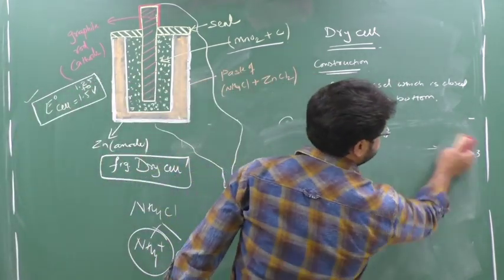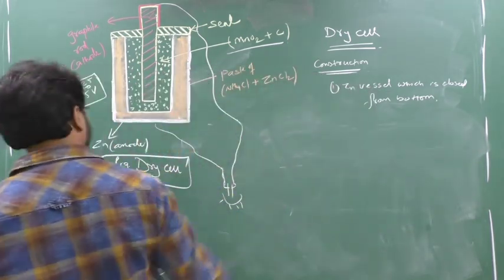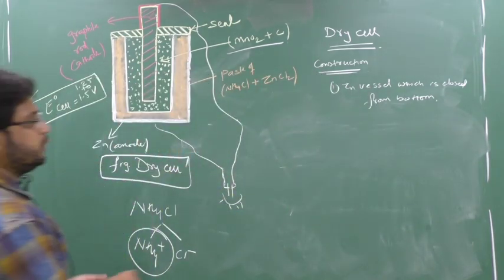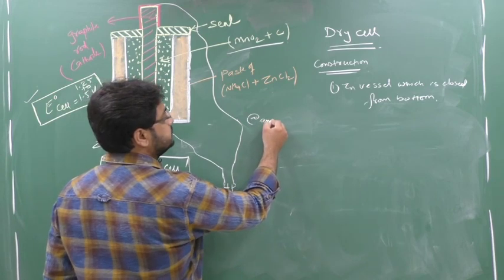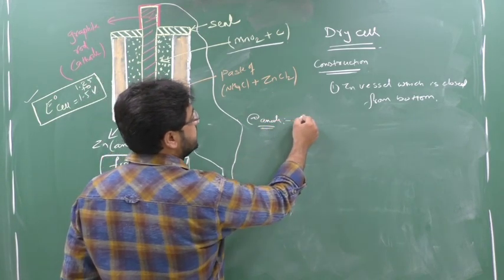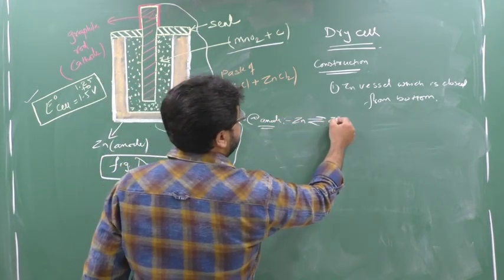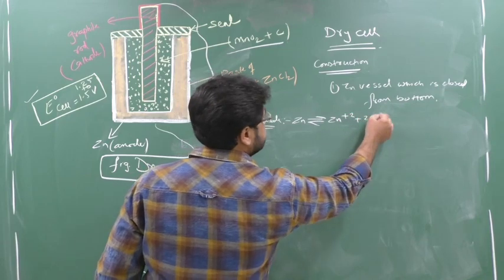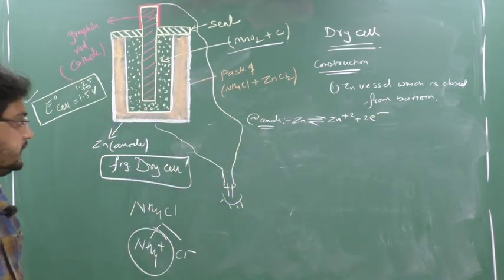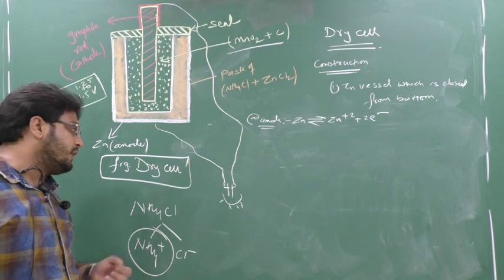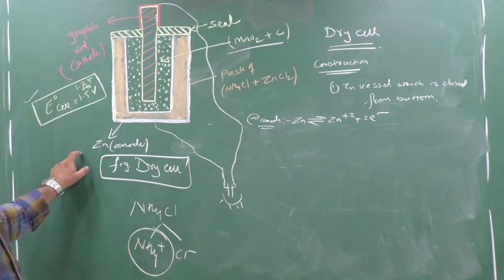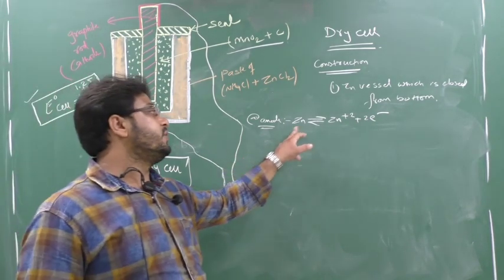See, at anode, please remember these reactions. Zn will undergo oxidation. So Zn gives Zn2+ plus 2 electrons. Clear? So see here, one thing more I want to tell. At anode who is there? At anode I have zinc, and zinc is forming its ion.